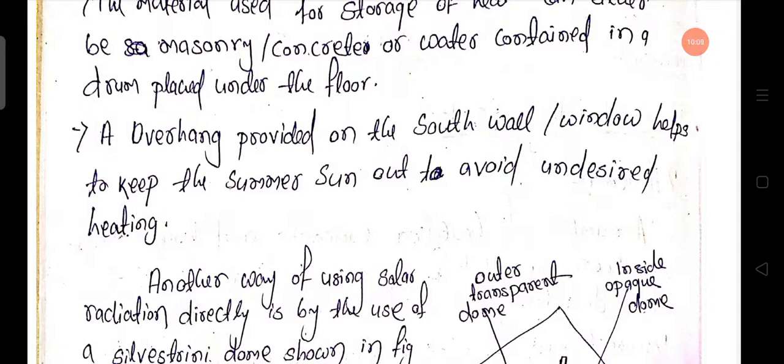In the peak of the summer, the overheating problem is very dangerous. So to provide protection from overheating, we use overhanging screens, curtains, anything.